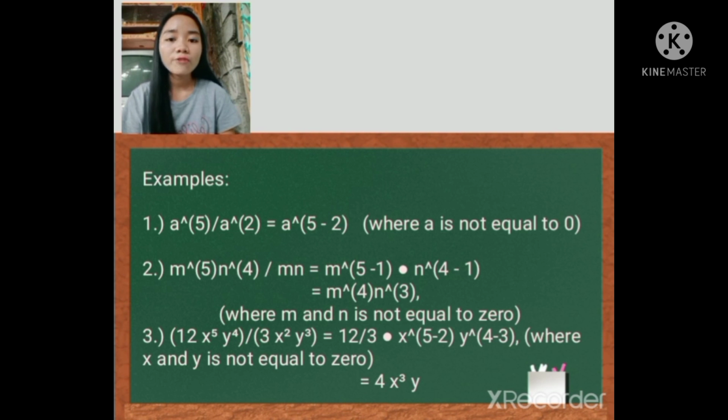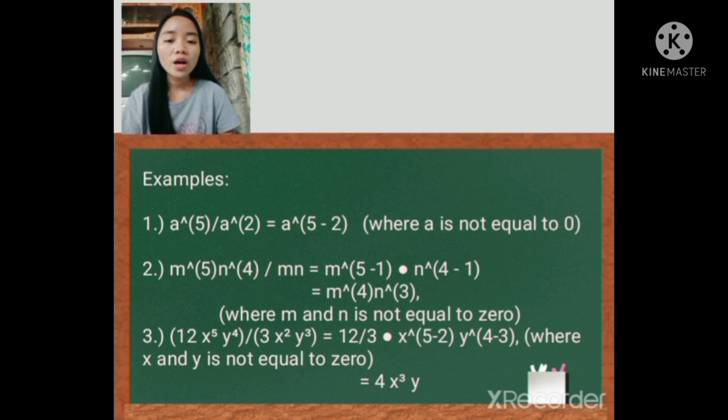12x to the power of 5, y to the power of 4, all over 3x squared, y to the power of 3, equals. So, as what we have done in the previous examples, we just use the commutative and associative property. So we have 12 over 3 times x to the power of 5 minus 2, y to the power of 4 minus 3, where x and y are not equal to 0.